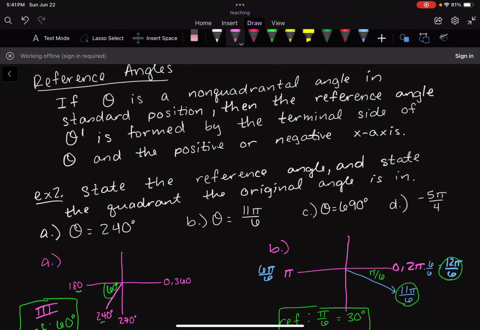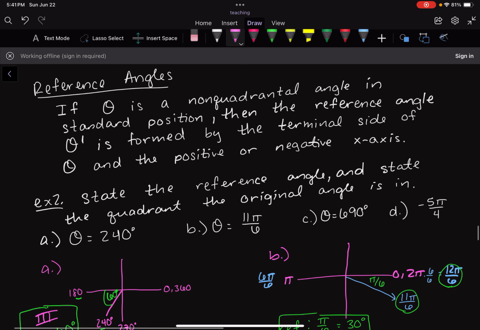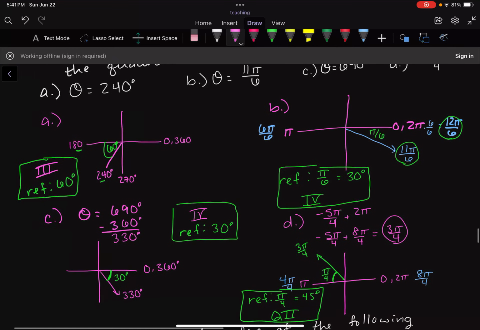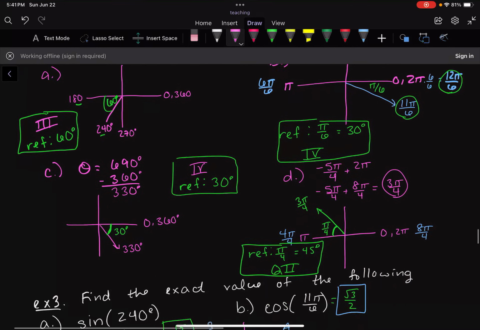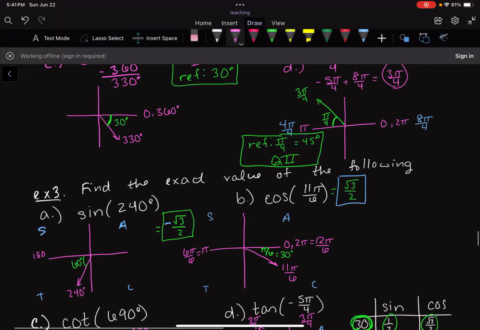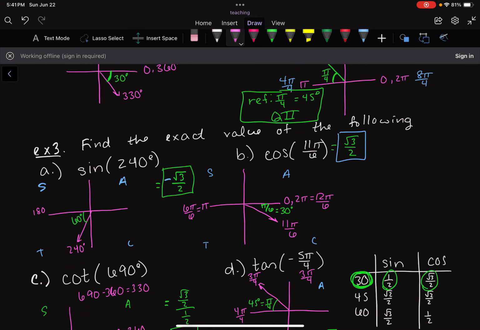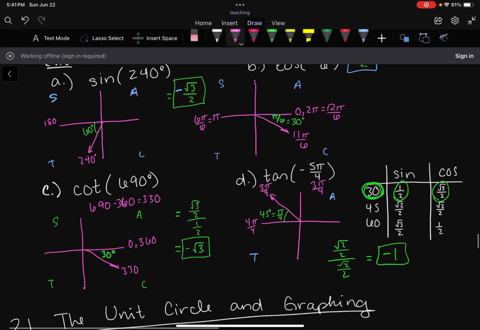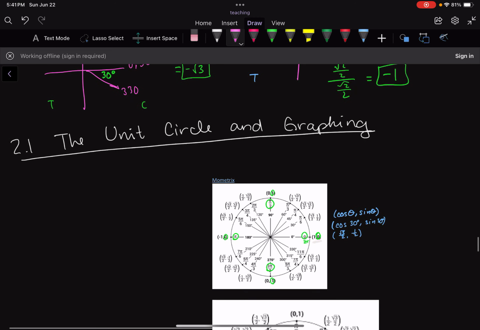Reference angles, here's the definition for reference angles, and it pretty much just describes how far it is from the x-axis. And we did a bunch of problems like this where I gave the reference and stuff, and then I did some where I actually did a trig function with it. 1.6 is really good to go over as well for these types of problems. Just be aware that I could really ask you anything on the unit circle.